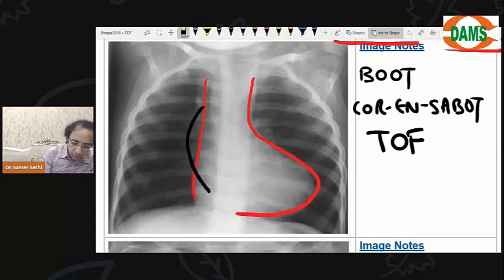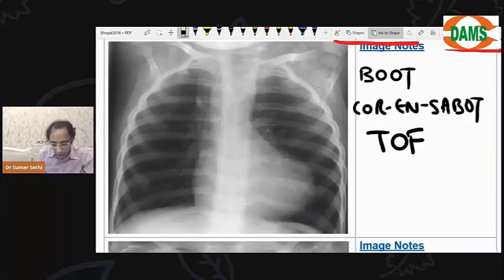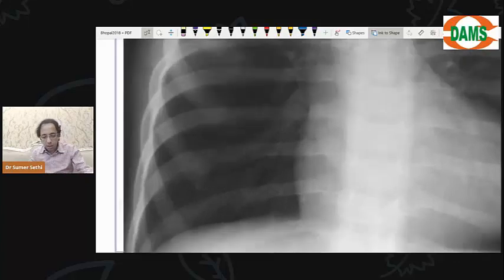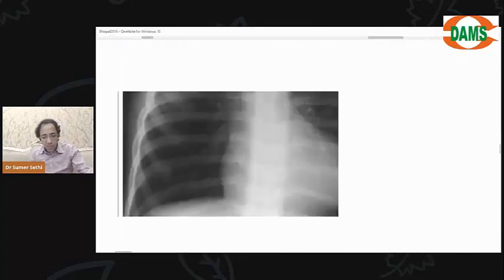Can any of you beta ji tell me, why are the lungs appearing so black? इस एक्सरे में lungs इतना black क्यों है? Where are the vessels? Why we cannot see the vessels? Do you agree? बहुत कम है ना vessels?